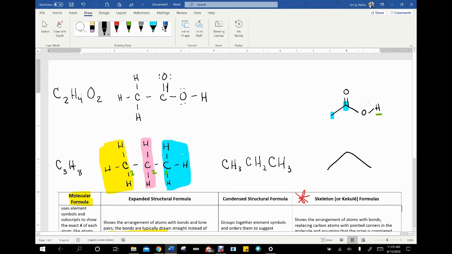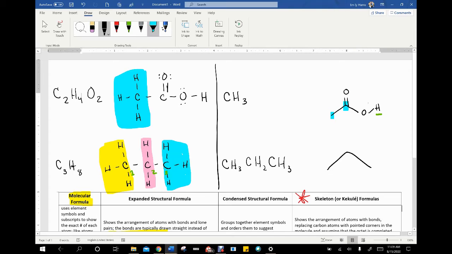All right, so now finally for our condensed structural formula, let's take it one piece of the molecule at a time. So we've got our piece centering around our first carbon here. So that will be, whoops, change my pen, can't write with a highlighter. So our first piece is CH3.